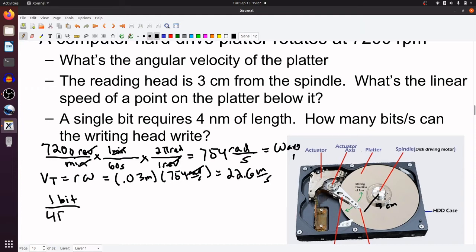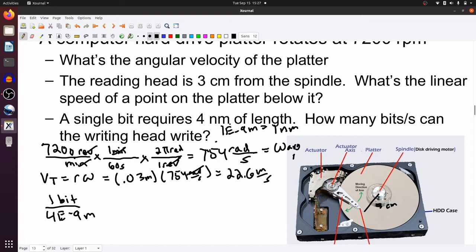That's actually going to be 4 times 10 to the negative 9th meters. Just to give you an idea, 1 times 10 to the negative 9th meters is equal to 1 nanometer. And you'll deal with this a lot more in physics too.